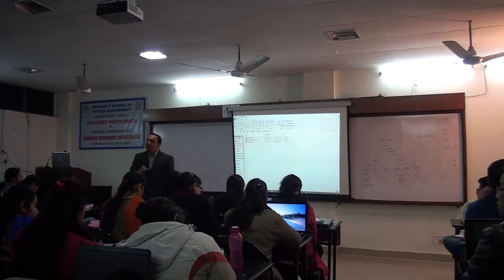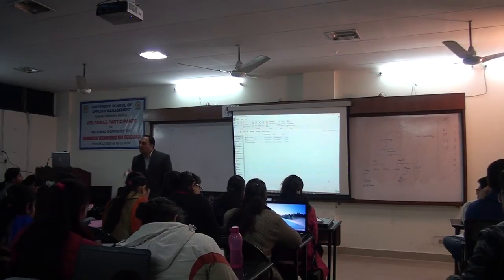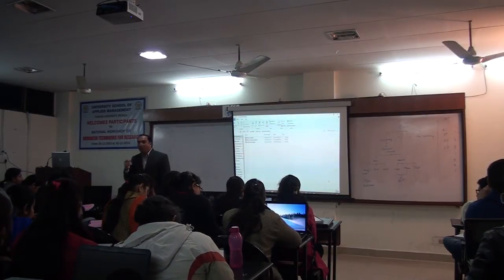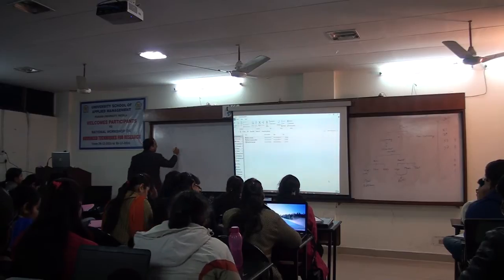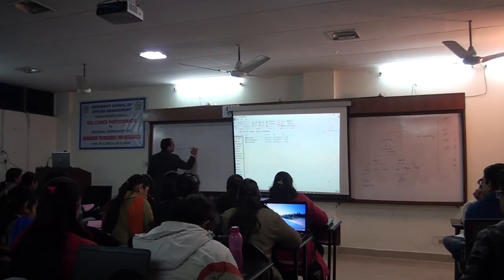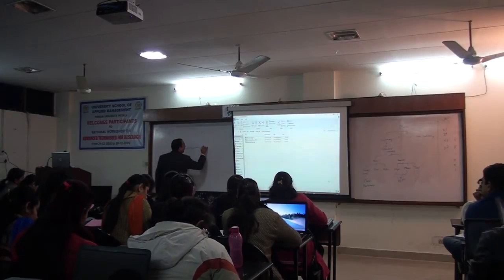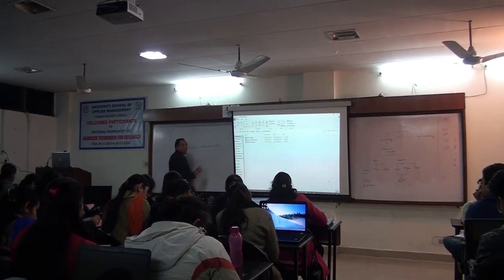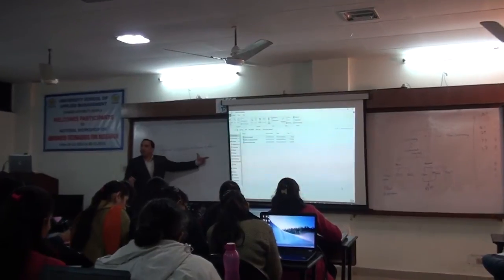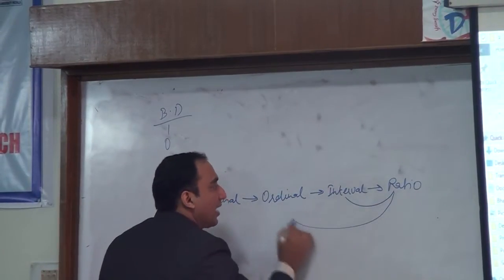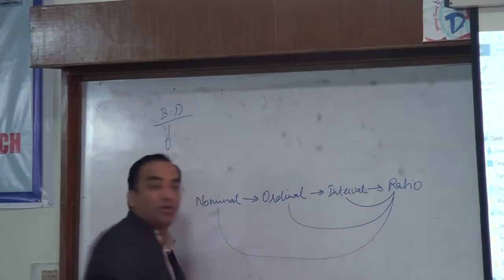A ratio scale can be converted into an interval scale. An interval scale can also be converted into a nominal scale. So the hierarchy is like this: nominal, then ordinal, then interval, and ratio. But in this chain I can only move back, I cannot move forward. So a ratio scale can be converted into interval, ordinal, or nominal. Interval can be converted into ordinal, and ordinal can be converted into nominal.